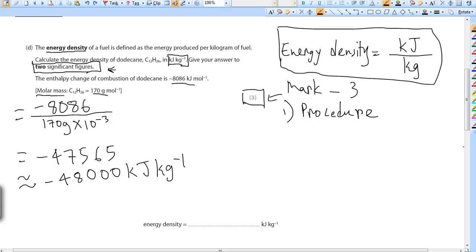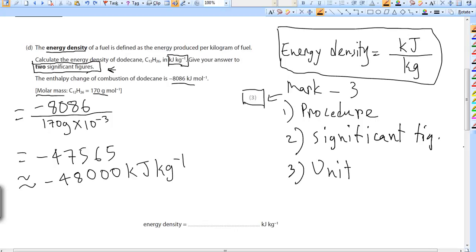So this is 1 mark for procedure, then the second mark for the significant figure, and the third mark is for the unit. So the unit of the quantity.